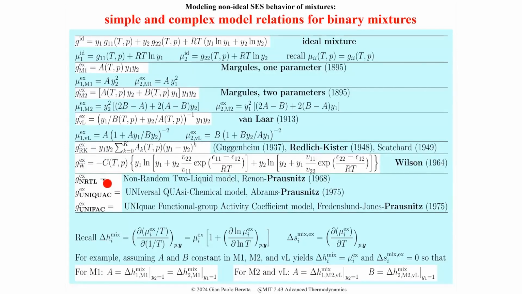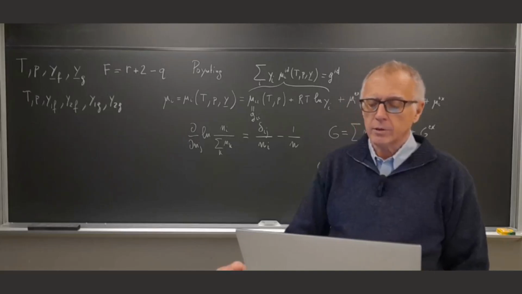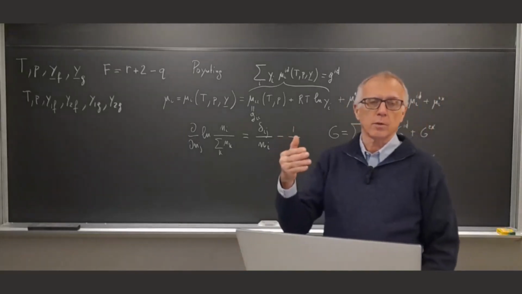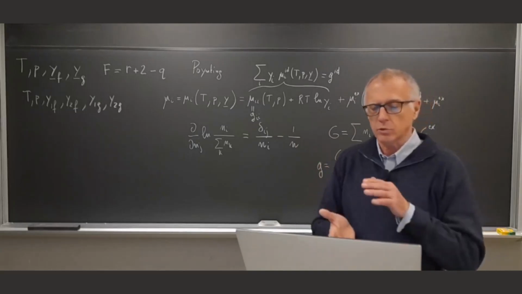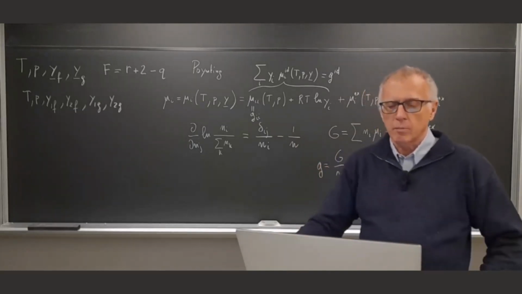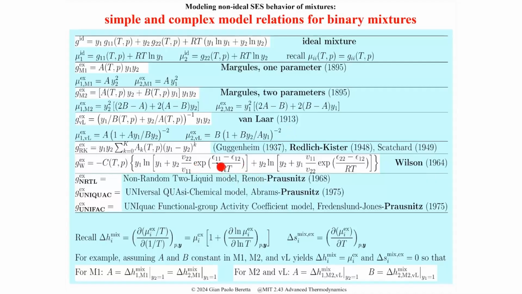Which have several parameters which are related. These epsilons are related to the Lennard-Jones potential, so to the strength with which molecule 1 is attracted by molecule 1, and this is molecule 1 attracted by molecule 2, and 2 by 2.